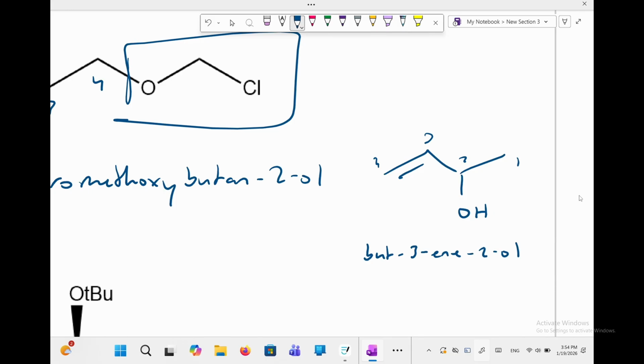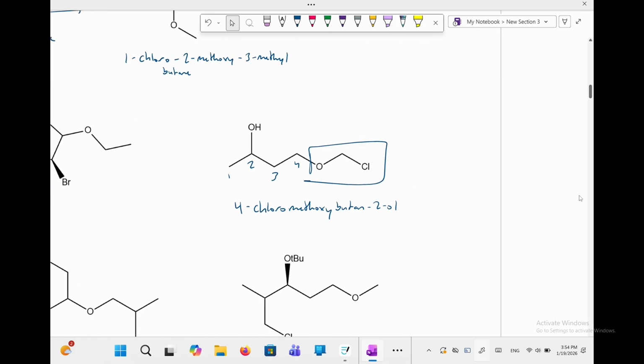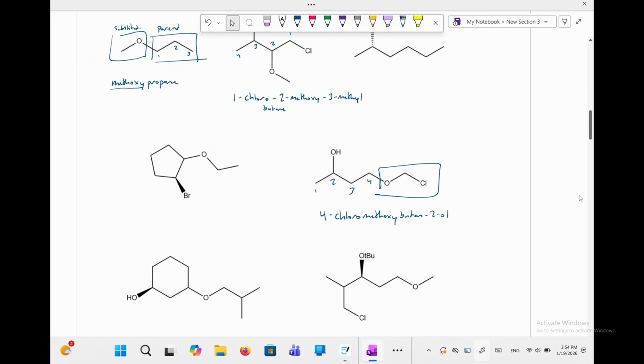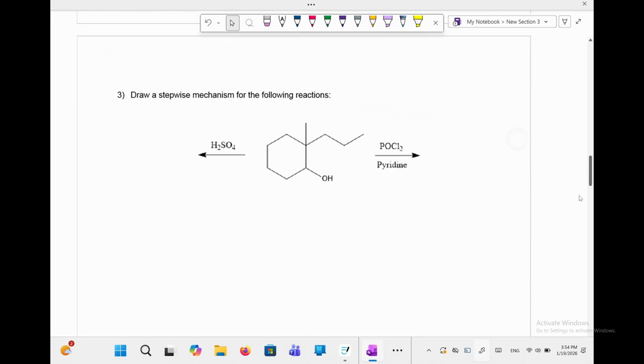So that's primarily why this convention is used more than older versions. Anyway, I digress. So the rest of these is for your practice. You can always check the keys if you'd like.